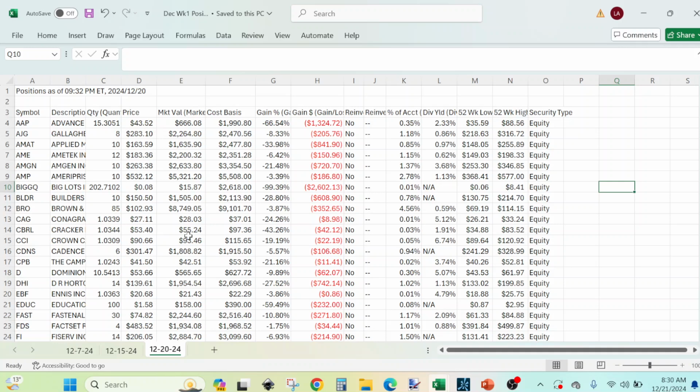Based on that price, the market value is taking the quantity times the price, pretty much the last price that it sold at, and then how much we paid for it, and it's going to show us the unrealized gain or unrealized loss return on it. That's pretty much what we are going to be looking at. I don't quite look at this, but that's what we are going to be looking at.